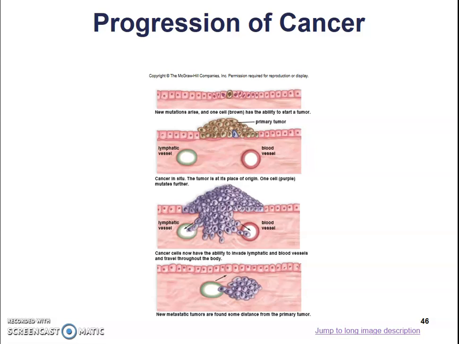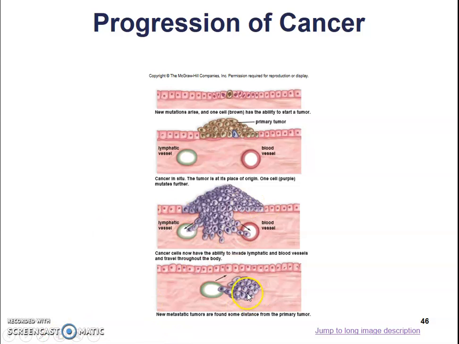Your lymph system carries lymph, obviously. It's like plasma in your blood. Once the cancer invades that blood vessel or that lymphatic vessel, it can easily move throughout the body and cause tumors elsewhere.